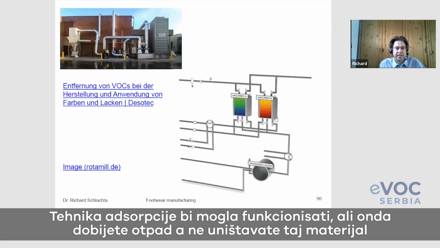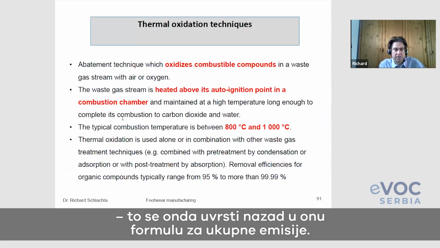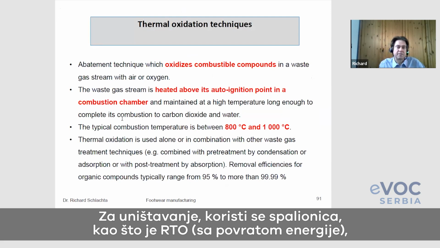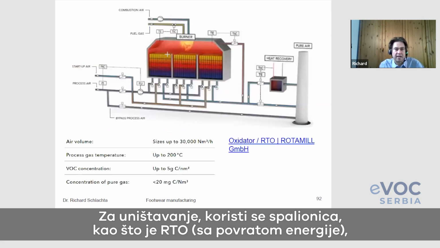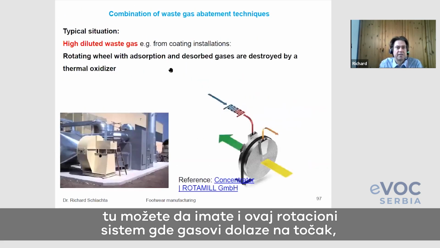With the adsorption technique, of course, you don't destroy the materials, but you get them back as a waste, so you can subtract it in the determination of the solvent of the total emissions. Where you do destroy it are thermal oxidation techniques like RTO, and generally what is applicable here is something like a rotating wheel, like here.